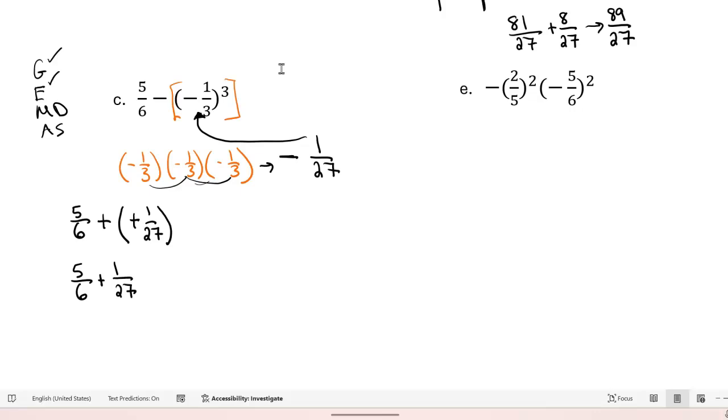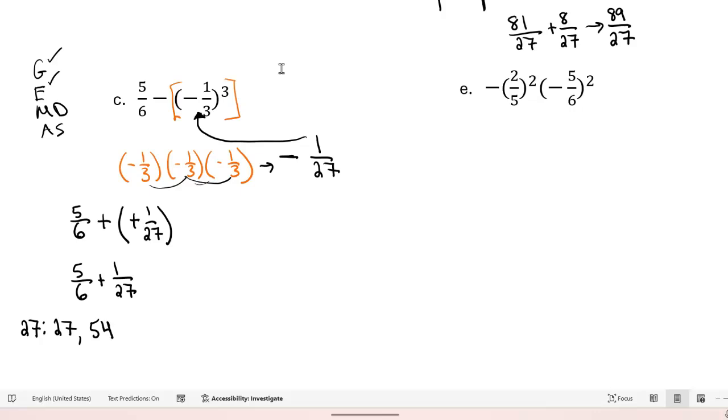Okay, now, as usual, I'm taking the biggest denominator, 27, and I'm going to start increasing it, right, and seeing what number 6 goes into. So 27 times 1 is 27. 6 does not go in. 27 times 2 is 54.